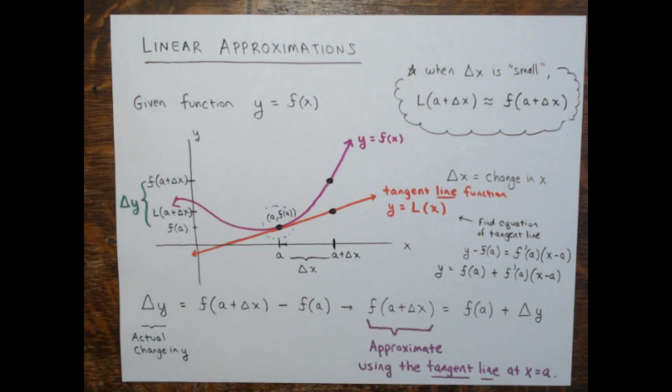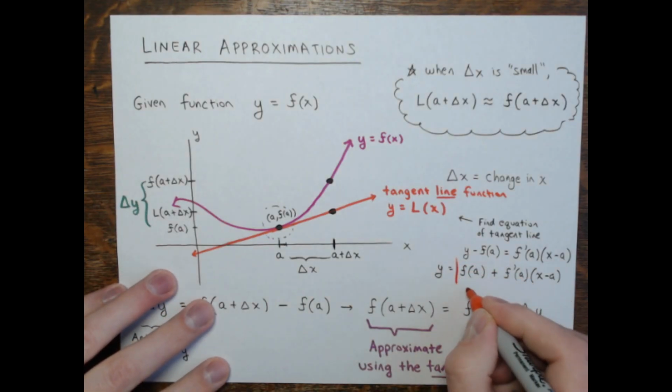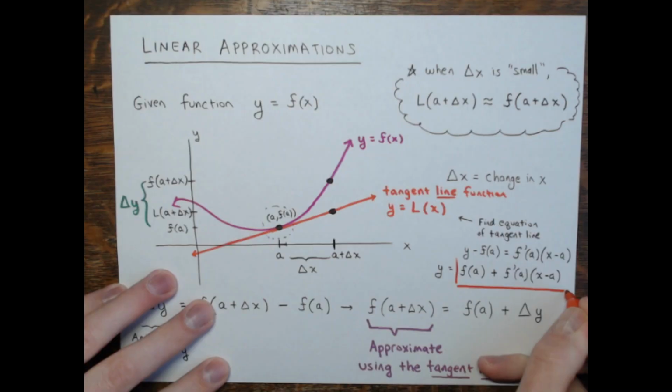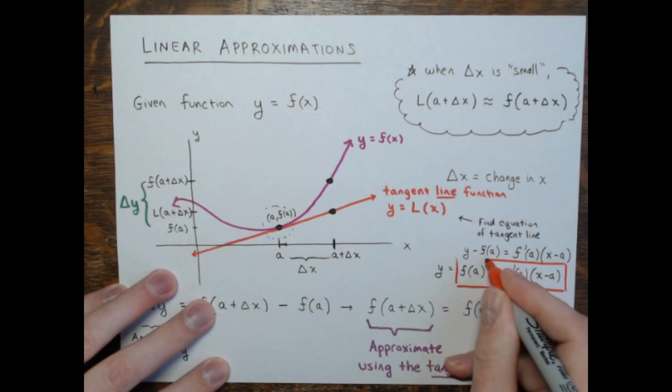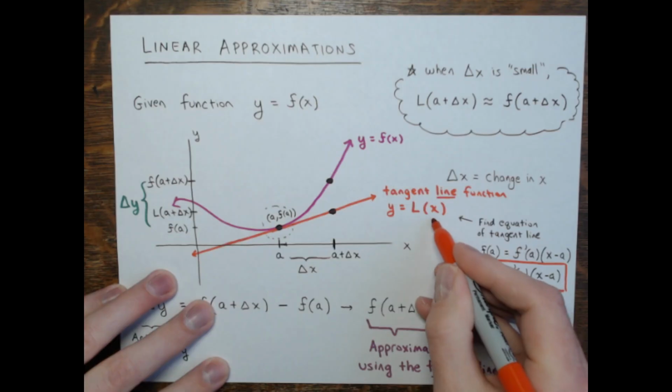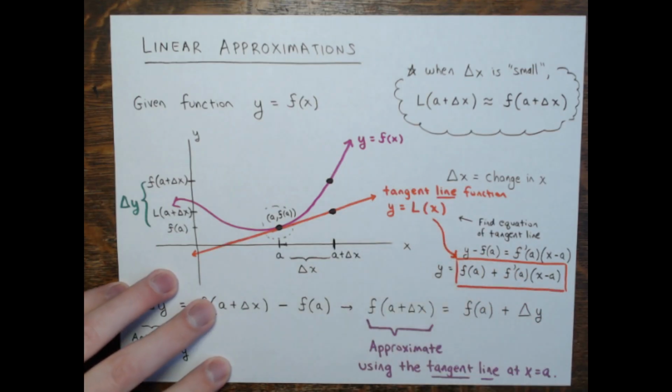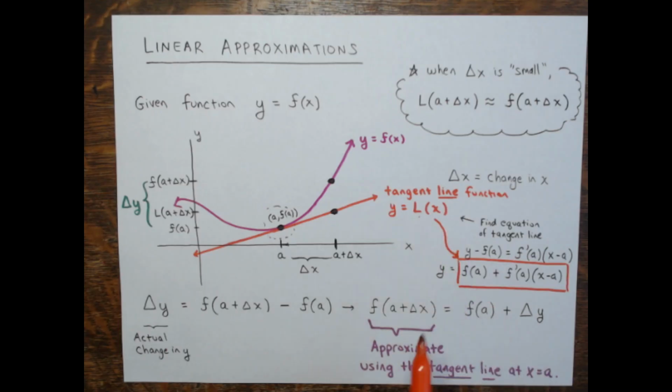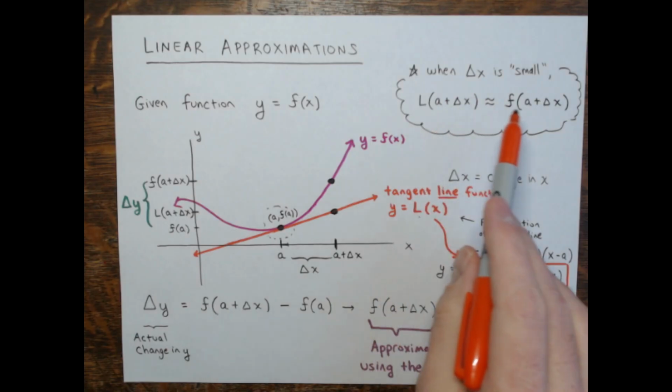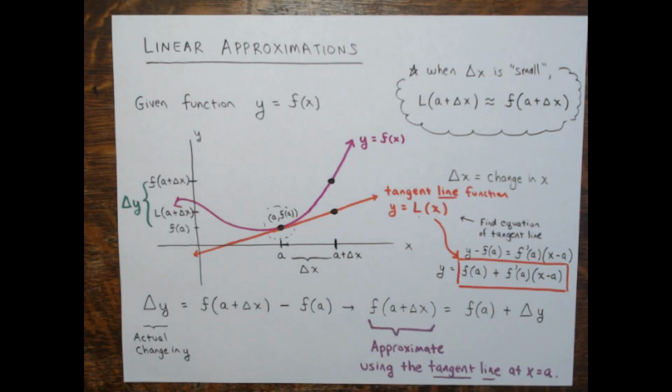And this expression here, f at a plus f prime at a times x minus a, that is L of x. That's an expression for this tangent line function. And we're going to use that to, again, approximate the value of another function near a value called a.